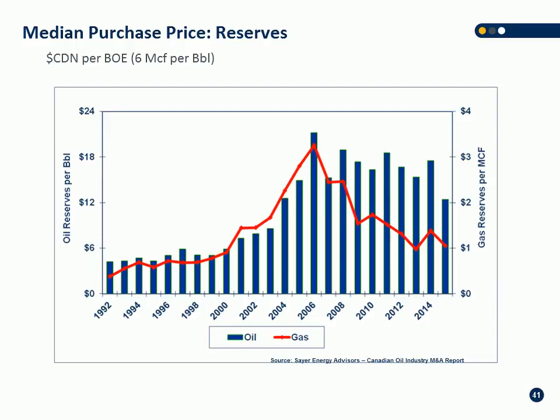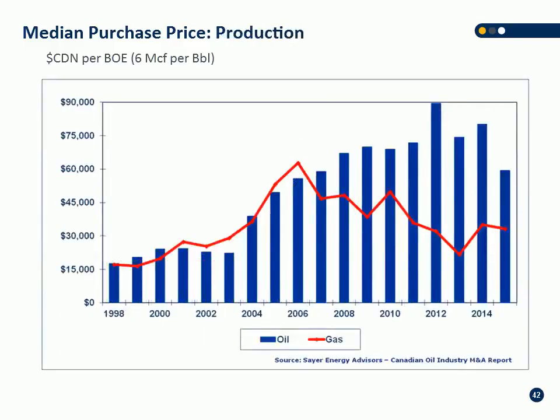You can see a stepwise change as we moved into the 2000s and hit the high pricing scenario, and then you see some dips in the late 2000s, but we were generally in a relatively high pricing scenario up until very recently, until 2013, 2014. So people were paying a lot of money for oil and gas assets in the mid to late 2000s and early 2010s.